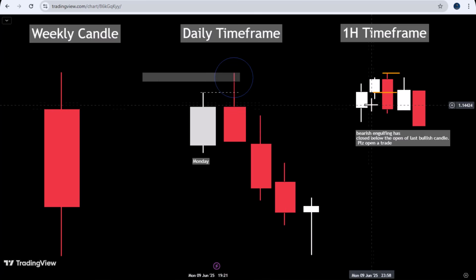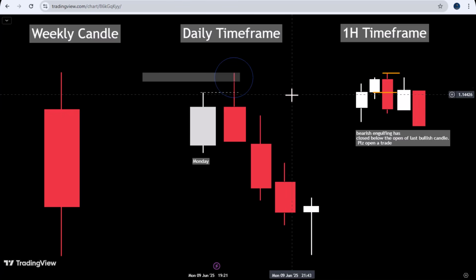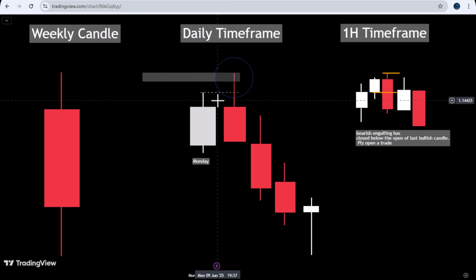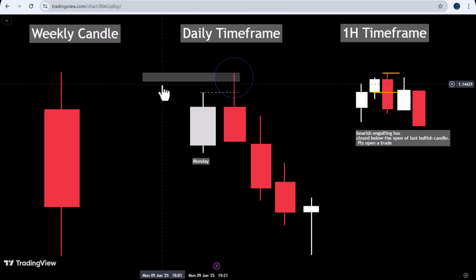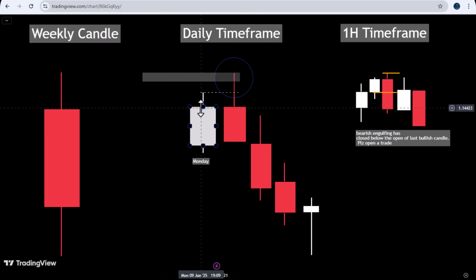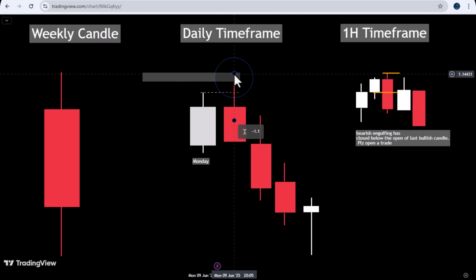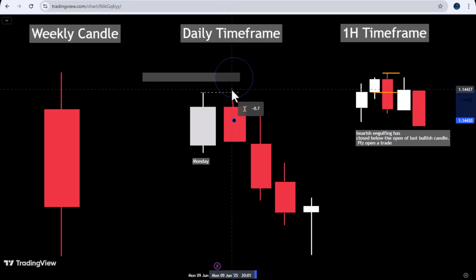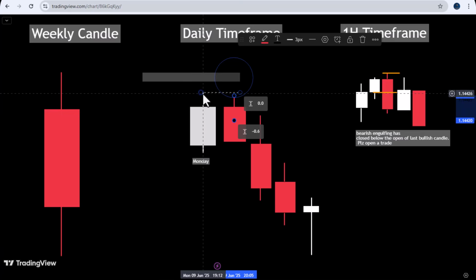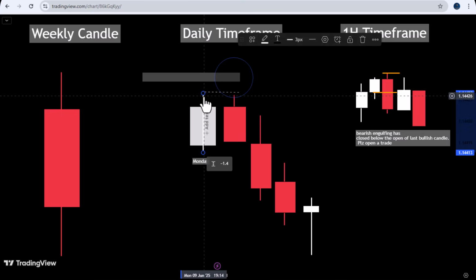Okay, guys, I will use an example, but depending on the position of your key level, momentum, and news calendar, sometimes Monday may create the high of the week instead of Tuesday. For example, in some cases Monday will create the high of the week.